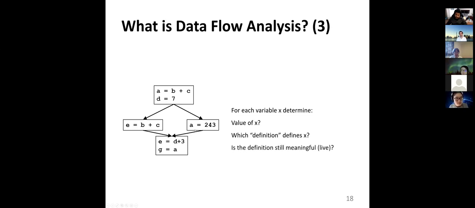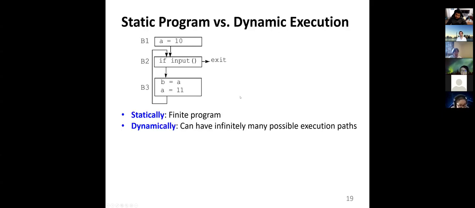Another example: is a definition still meaningful, still alive across this point? For example, this definition can be live on this edge, but dead along this edge because it was overwritten with this definition. All of that is important to take into consideration.